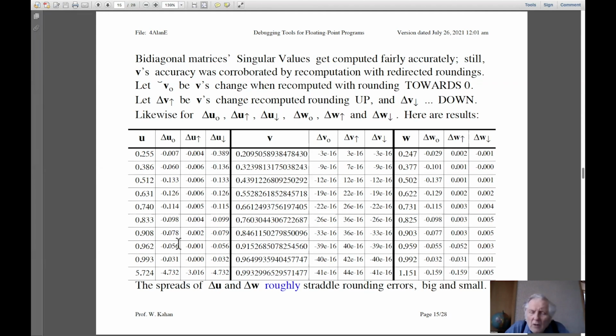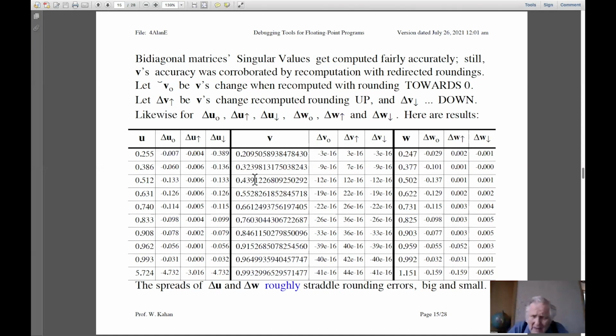The deltas in V computed from squared singular values, it's possible for you to do an error analysis to show that they're about right. They may be a little bit optimistic because honest-to-God rounding errors are comparable to these values.